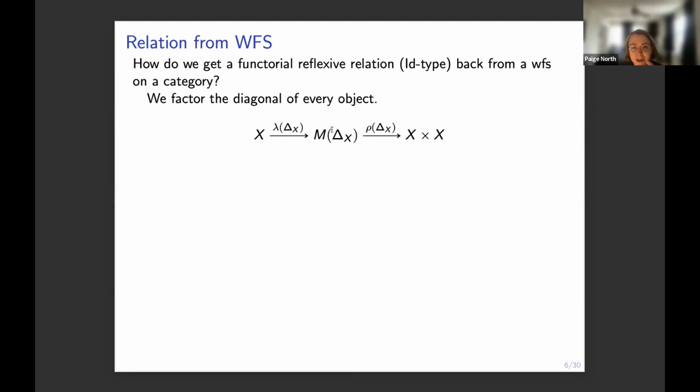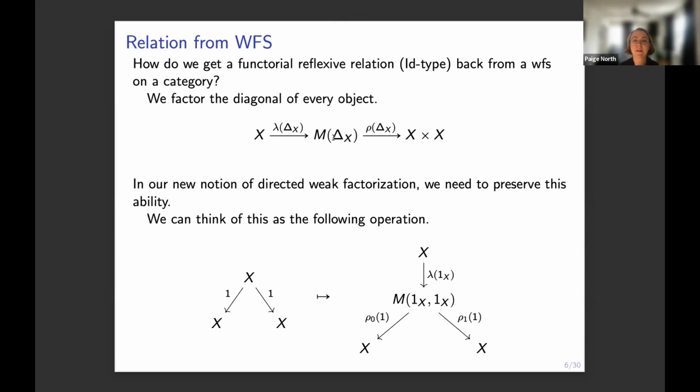In classical homotopy theory we call this the path object, but now I'm calling it a relation or an identity type. And this is important for our story because it gives us the model of the identity type, where we think of this guy as the identity type.